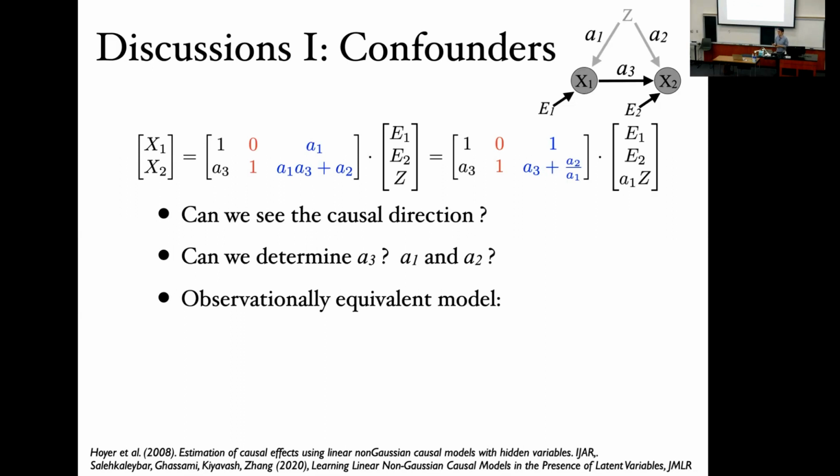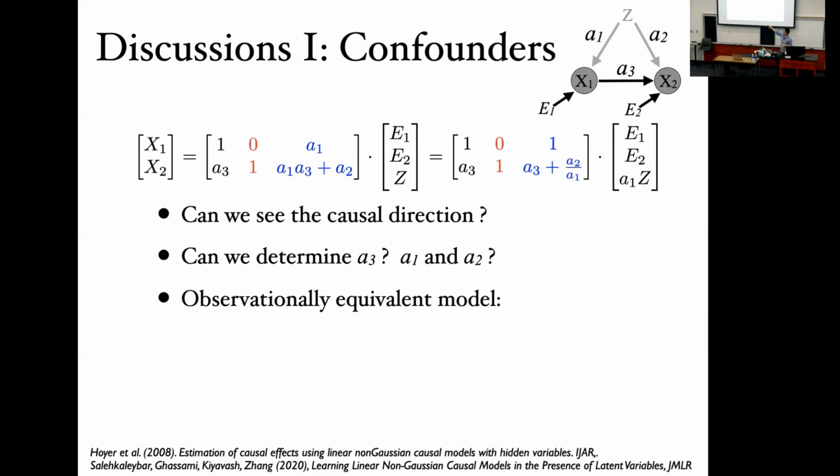Yes, right? Why? See here, I have one column where this entry is 0. That means something can influence x2, but not x1. If x2 causes x1, that's not possible. Because if something influences x2 and x2 influences x1, then that thing will also influence x1. Right? So we know x1 causes x2.